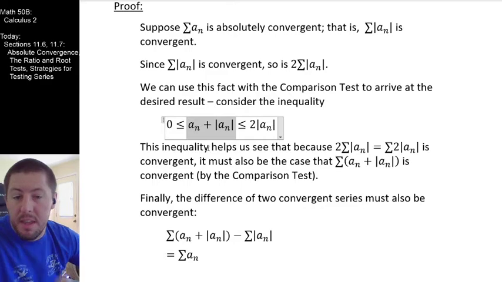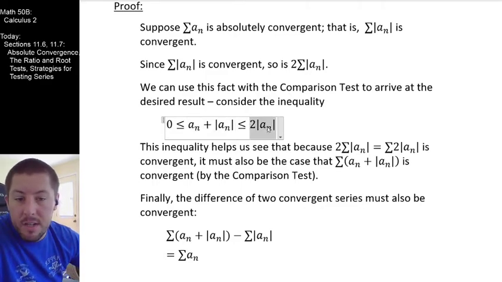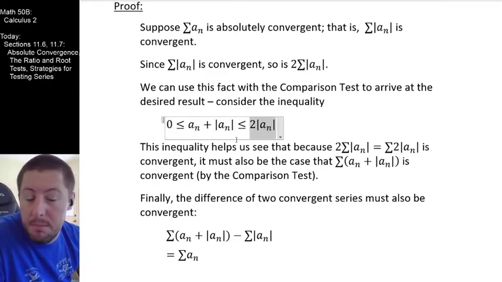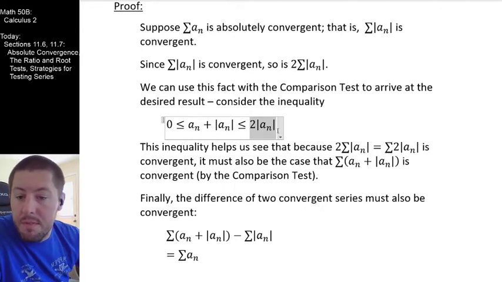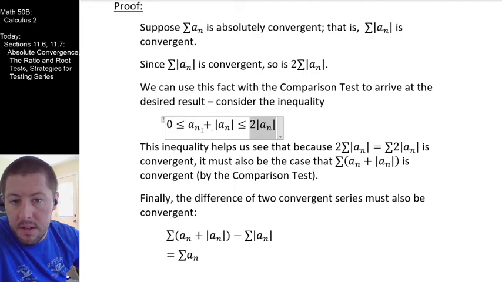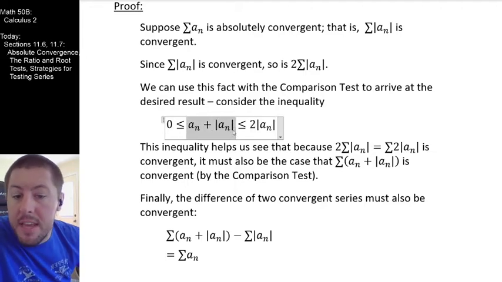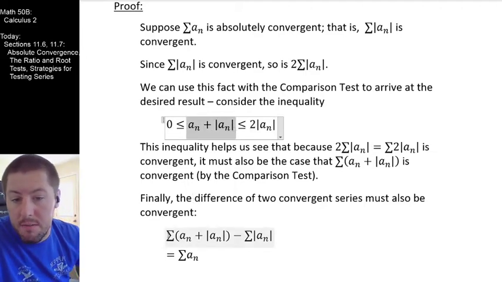So the big important thing here is that since this was absolutely convergent, by the comparison test, or excuse me, since the terms in absolute value are convergent, therefore the series with these as its terms is also convergent.